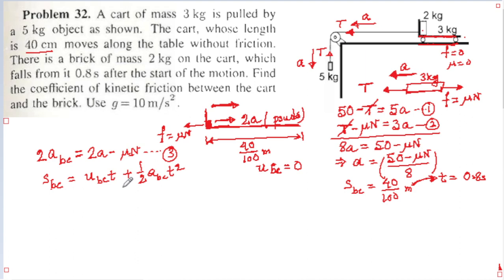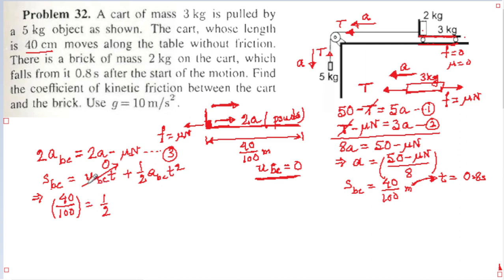Now, as the motion starts from rest, the initial velocity of the brick is 0. Therefore U_BC equals 0, and the first term becomes 0. The value of S_BC is given in our question as 40 divided by 100, which is equal to half into a_BC.